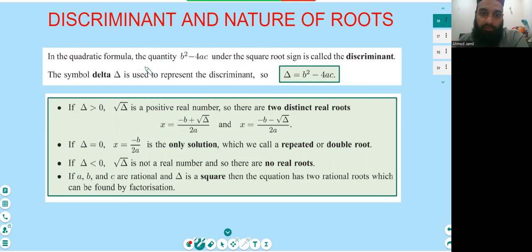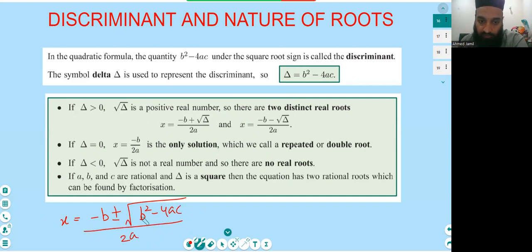So in the quadratic formula, the quantity b squared minus 4ac under the square root sign is called the discriminant. We can write the quadratic formula, that is x is equal to minus b plus minus the whole square root of b squared minus 4ac over 2a, right?